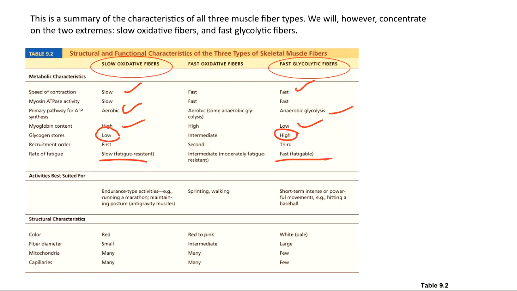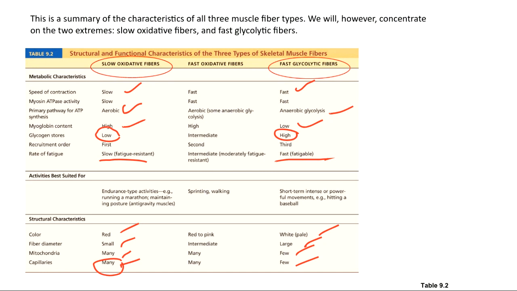Color very red versus white. Fiber diameter small versus large. Mitochondria many, because the mitochondria are needed for aerobic respiration, versus few because we don't have as many being used for fermentation. Capillaries many because it needs the oxygen for aerobic respiration, and fewer capillaries on the other side.